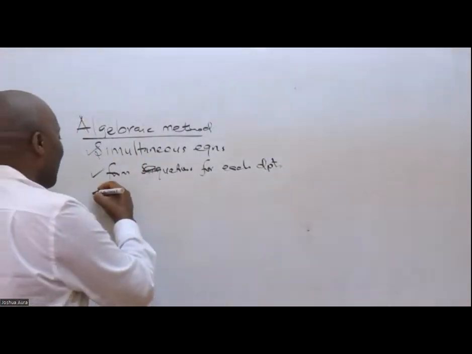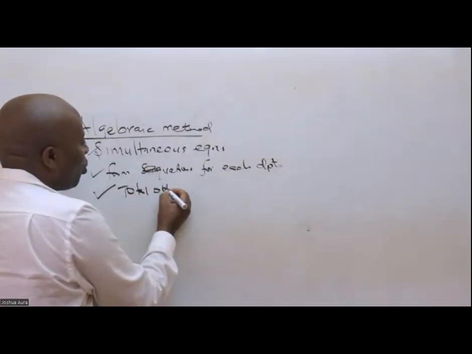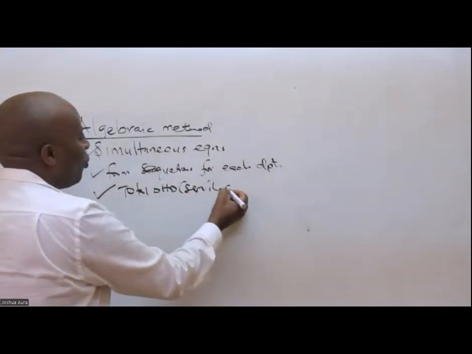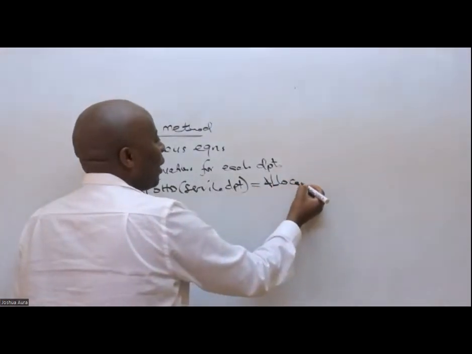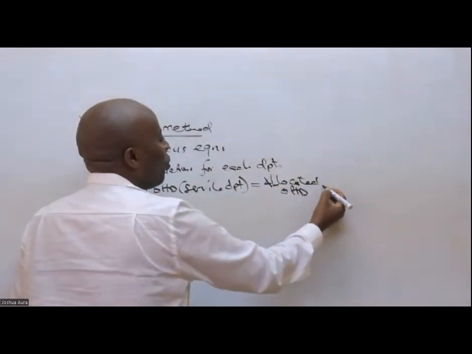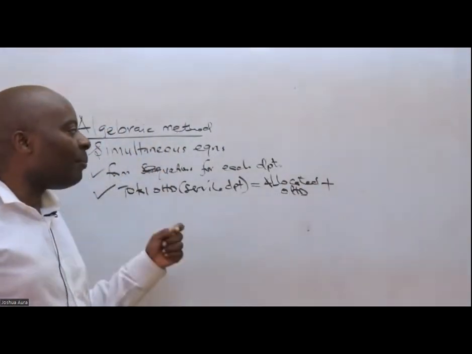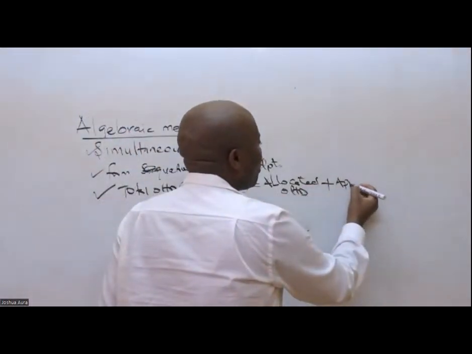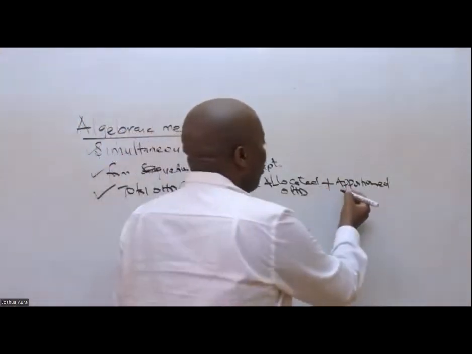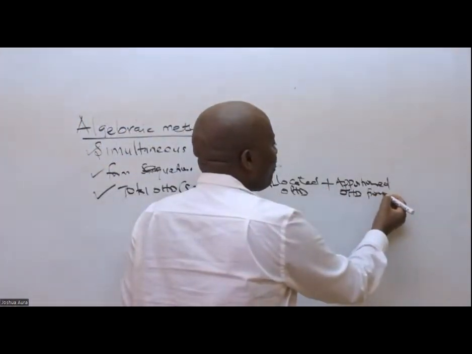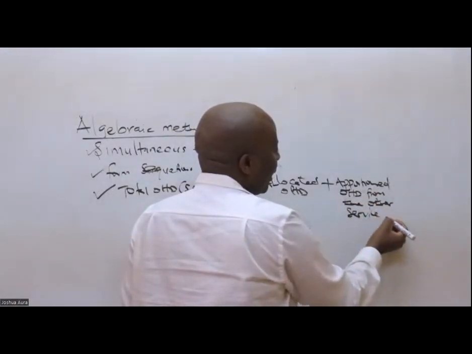Now, how do we state this equation? What you're supposed to know is that the total overheads of a service department must always be equal to the allocated overhead plus the apportioned overhead from the other service department.